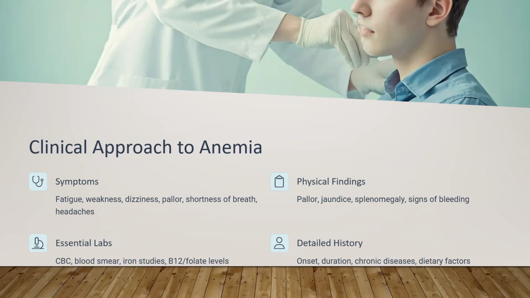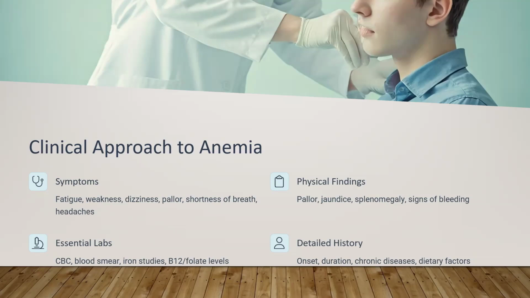We also need to take a detailed history to find out the exact cause of anemia, and elaborate the presenting symptoms and try to address all the differentials in a very professional, systematic way. Then we'll go to the examination and look for jaundice, organomegaly, and any signs of bleeding, because anemia could be due to bleeding, or hemolytic anemia, which is a very important cause of anemia.